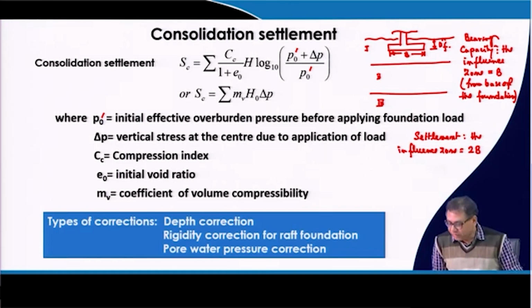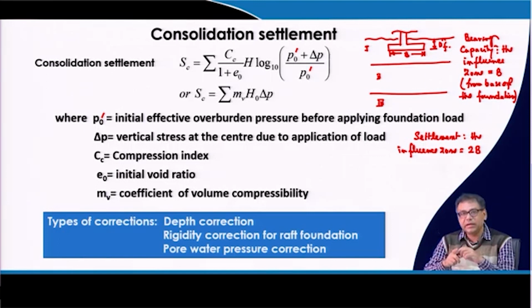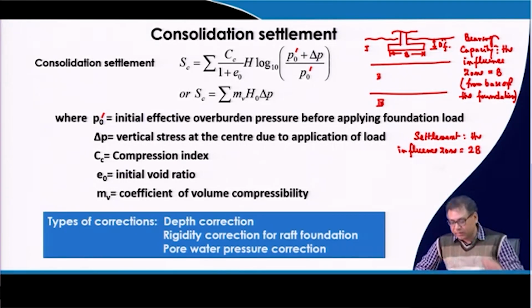Clear? Do not forget this: for the bearing capacity calculation we consider the influence zone as B from the base of the foundation. For settlement calculation we consider the influence zone as twice B from the base of the foundation. So, in both cases it is measured from the base of the foundation.